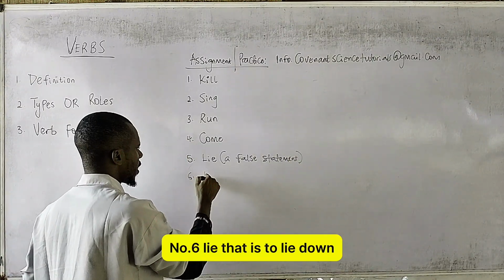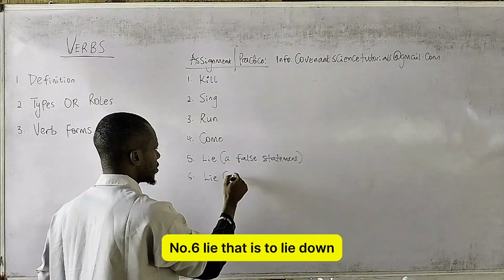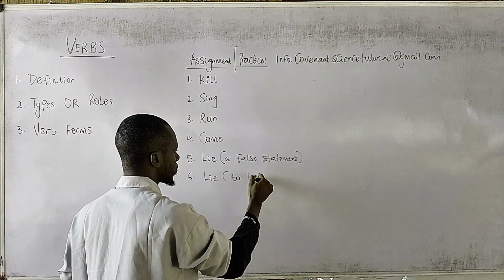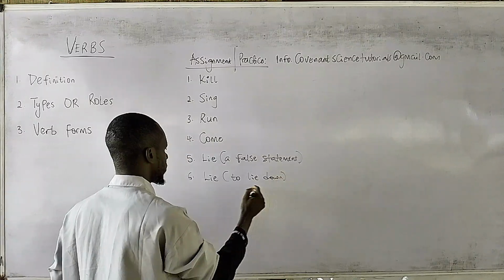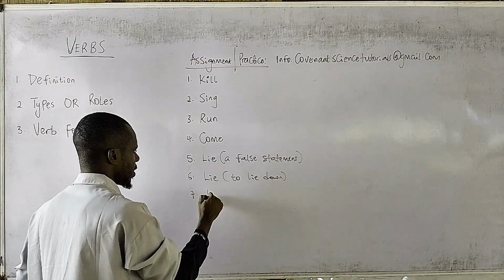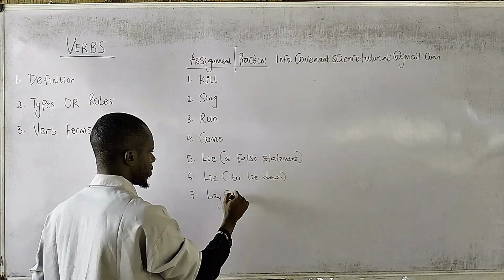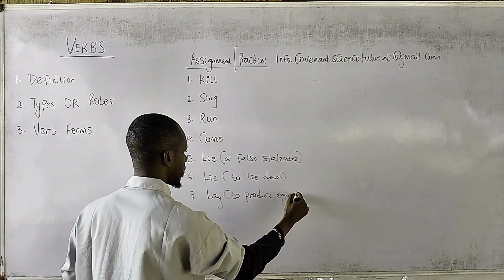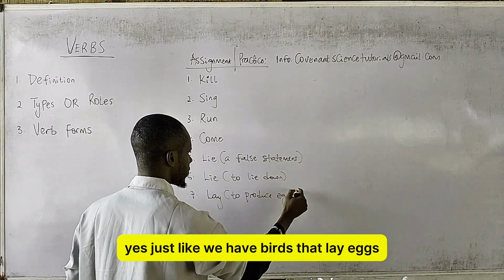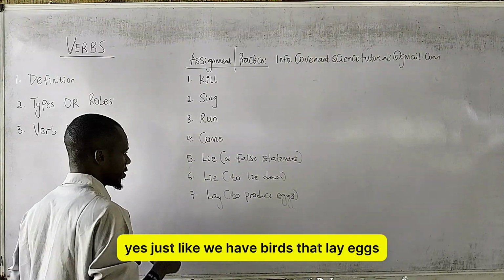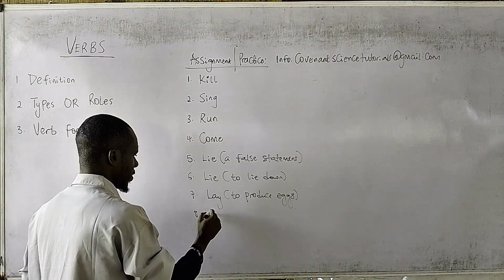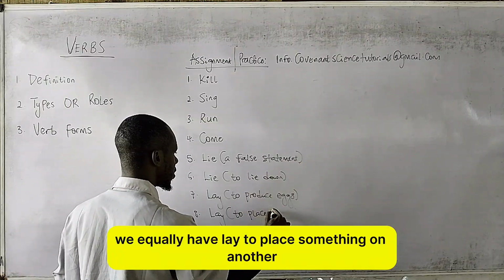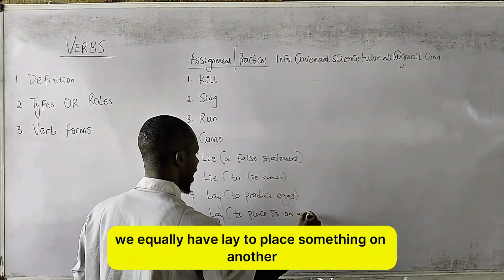Number 6, lie, that is to lie down. Lay, to produce eggs. Yes, just like we have birds that lay eggs. We equally have lay, to place something on another.